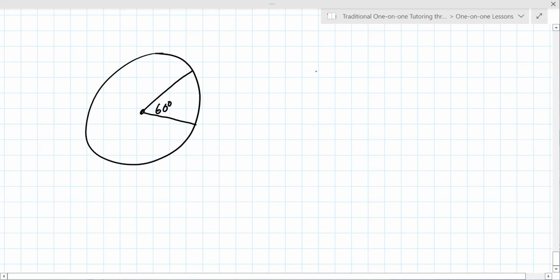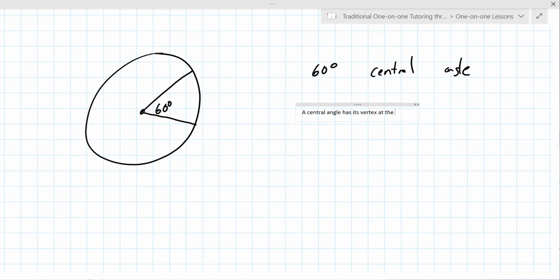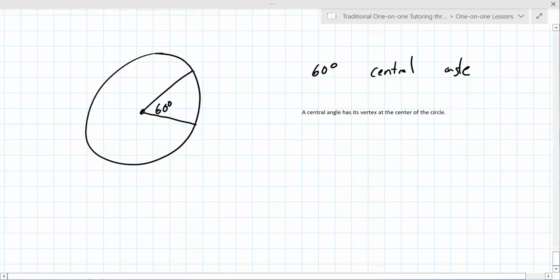That 60 degrees is what's called the central angle. The reason it's called a central angle is because the vertex is at the center of the circle. A central angle has its vertex at the center of the circle.